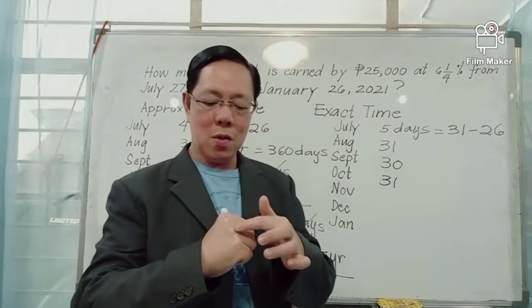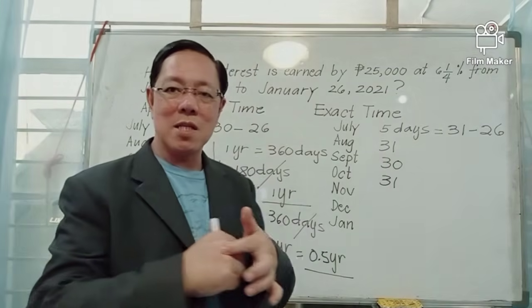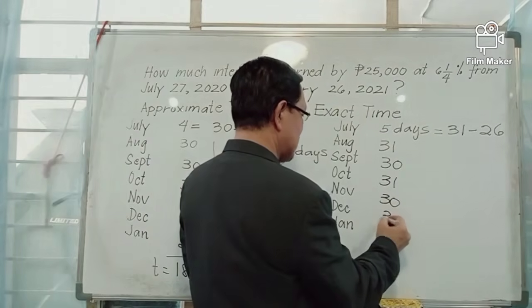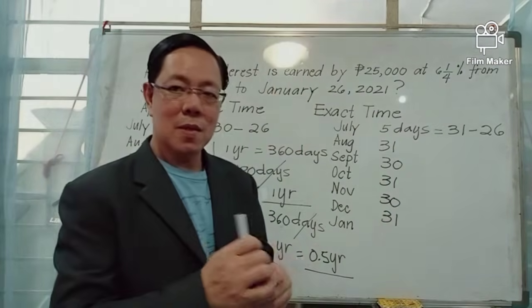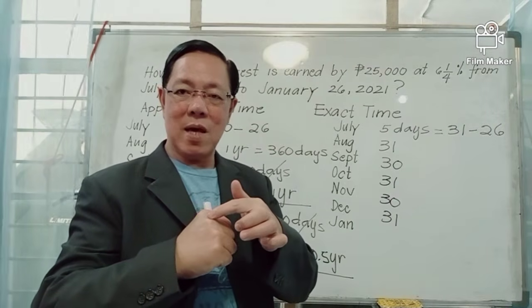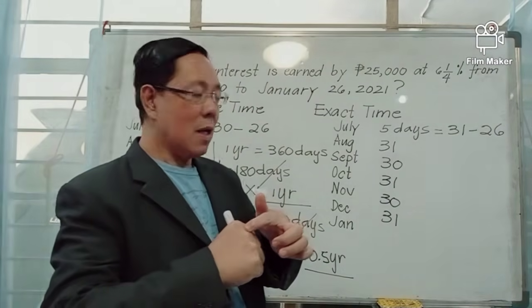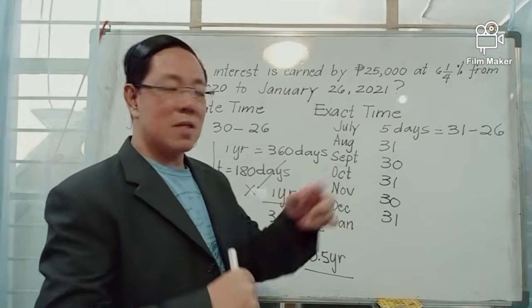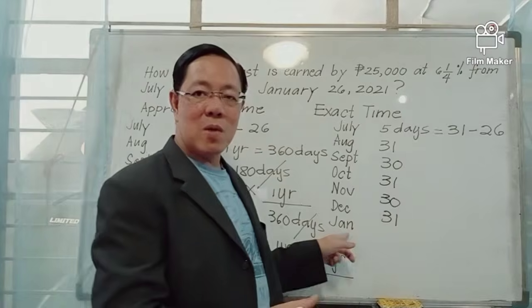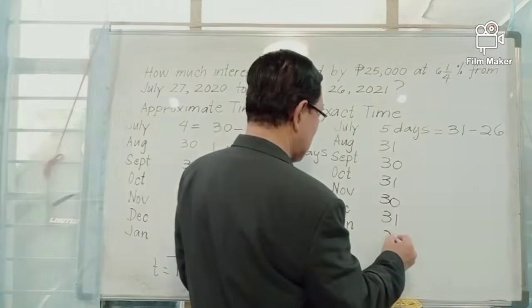November has 30 days. December has 31 days. And we count the number of days until January 26. So for the month of January, we have 26 days.